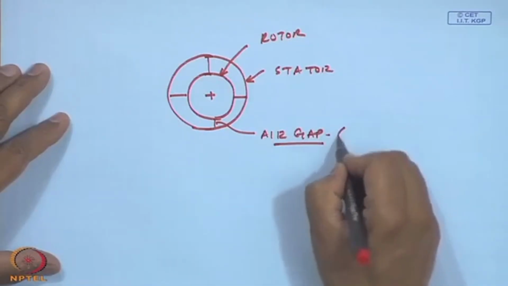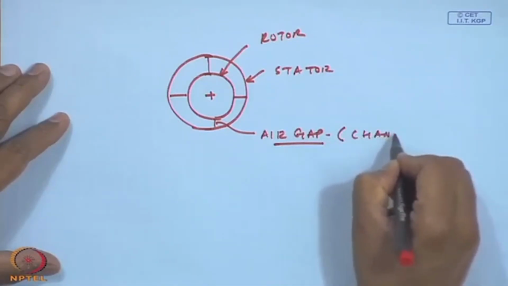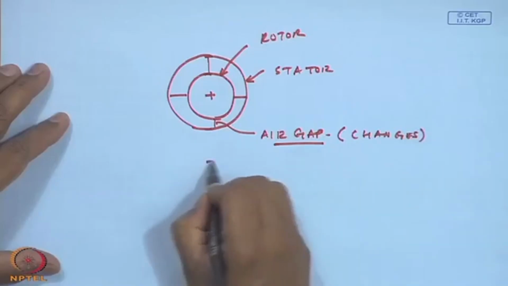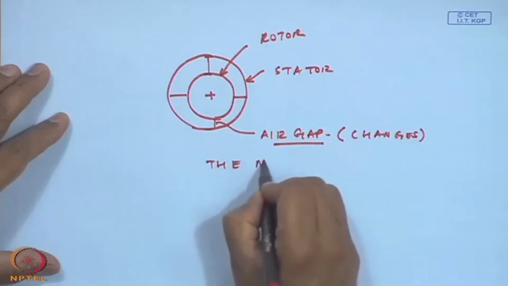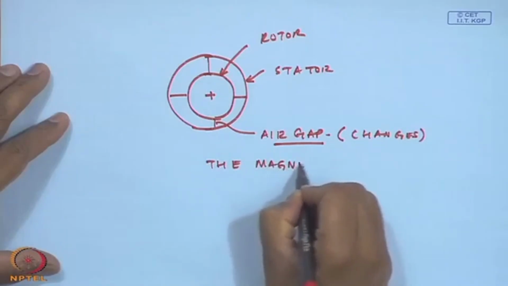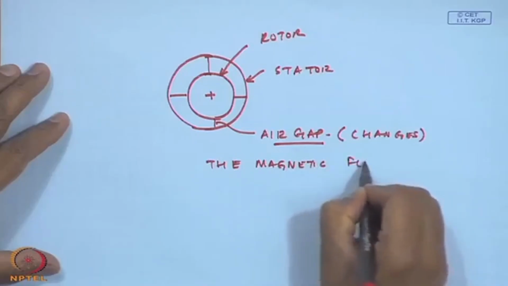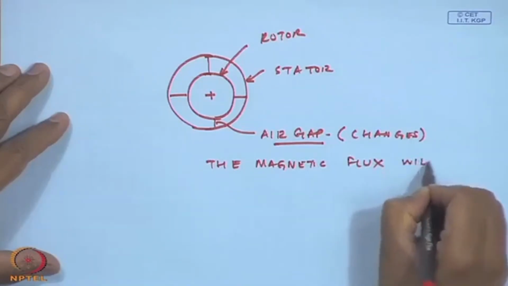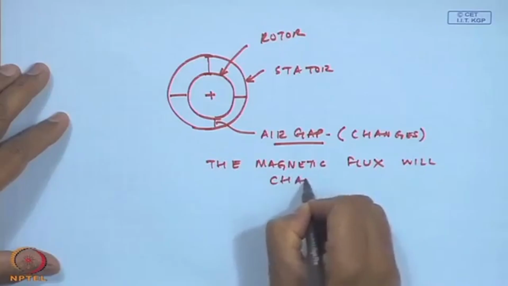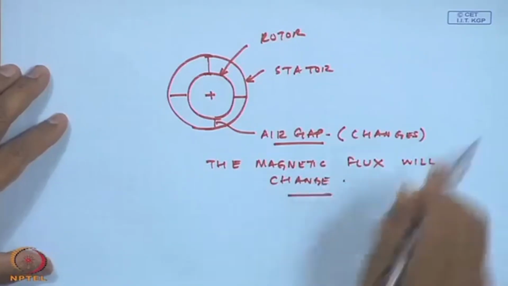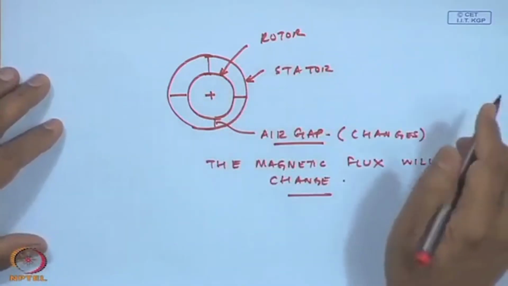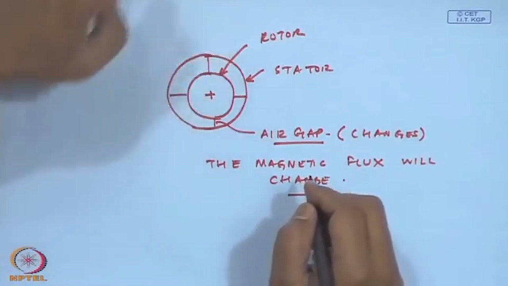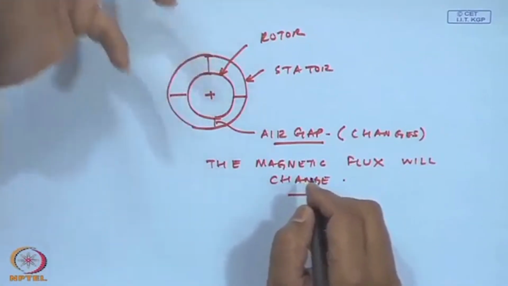If your air gap changes, the magnetic flux will change, and once this magnetic flux changes, the torque which is responsible for rotating the rotor is going to change.